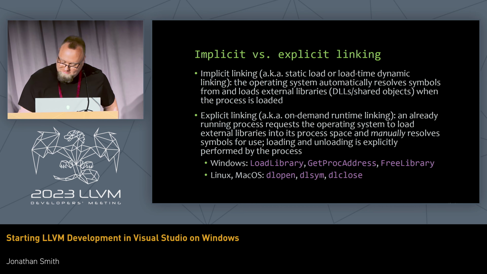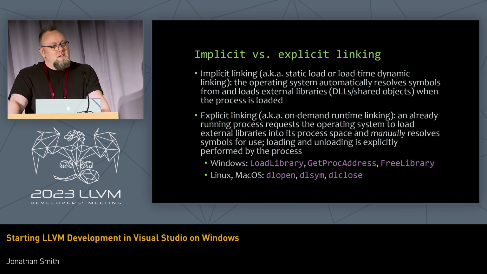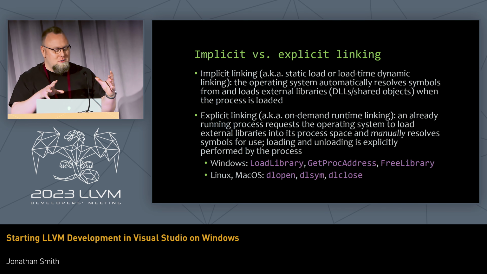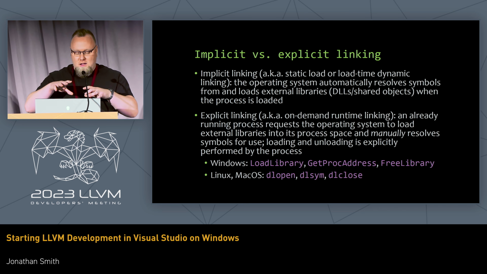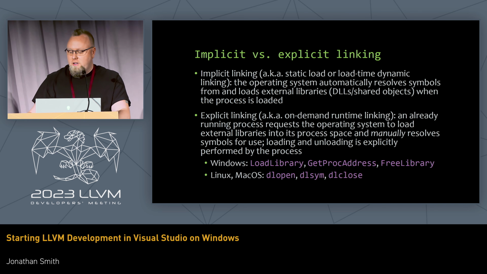So, DLLs, really portable executables in general, their linkage is a little bit different from what you would see in ELF files. ELF and COFF are closer together, I think, as far as linkages are concerned. They're internal linkage, private linkage, external linkage.